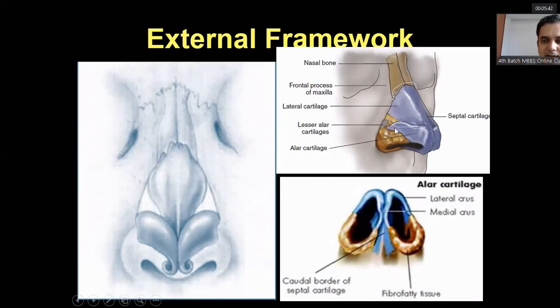The lower lateral cartilage, or alar cartilage, has two crura that we can see here: the lateral crus and the medial crus. The medial crura from the two sides form the columella, and inside the columella there is the nasal septum.